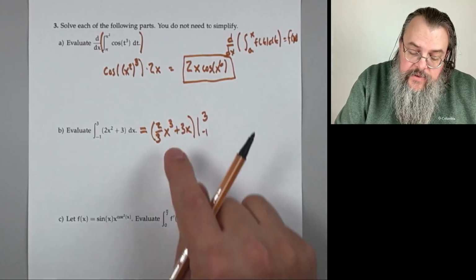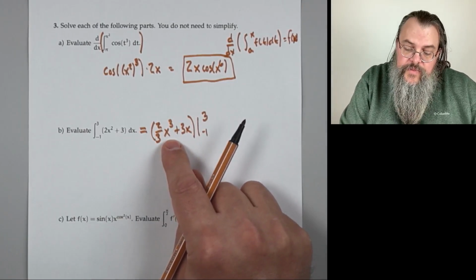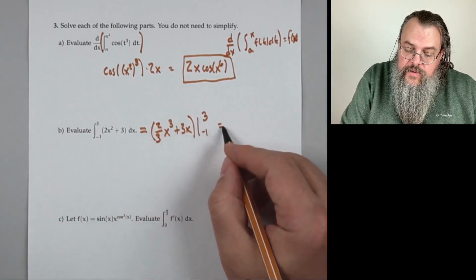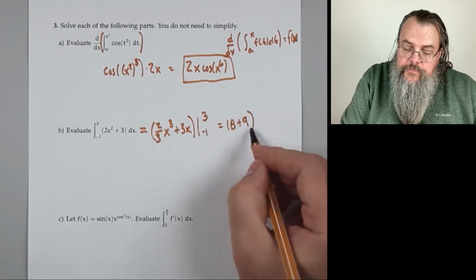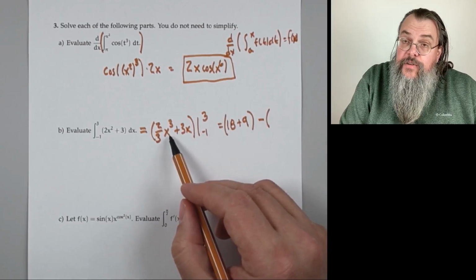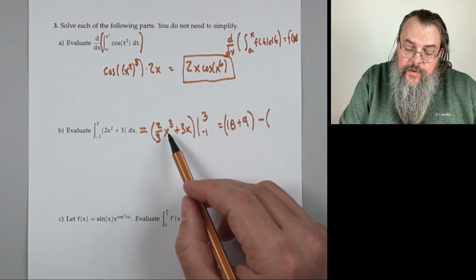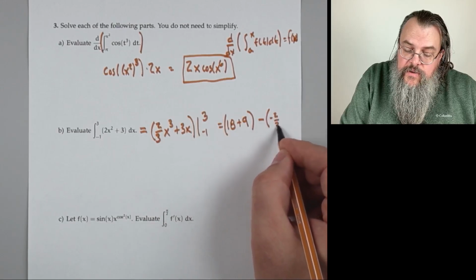Well, you plug in +3, and you get 3 cubed, 27, times 2/3, that's 18. 3 times 3 is 9. Subtract, plug in -1. 2/3 times -1 cubed, well, that's a -2/3.